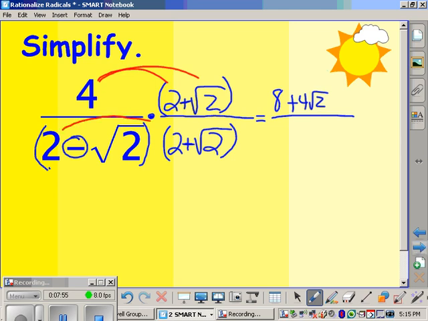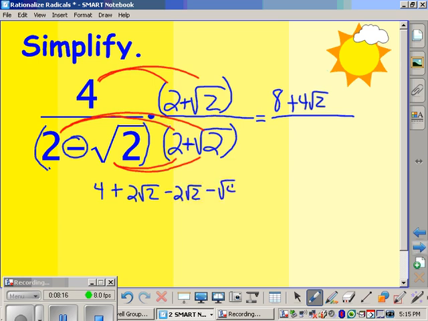So we will take the 2 and first multiply it by 2 and then by radical 2, which would give us 4 plus 2 radical 2. Then we will take the negative radical 2 and multiply it by 2 and positive radical 2. And that will give us minus 2 radical 2 and then minus radical 4.